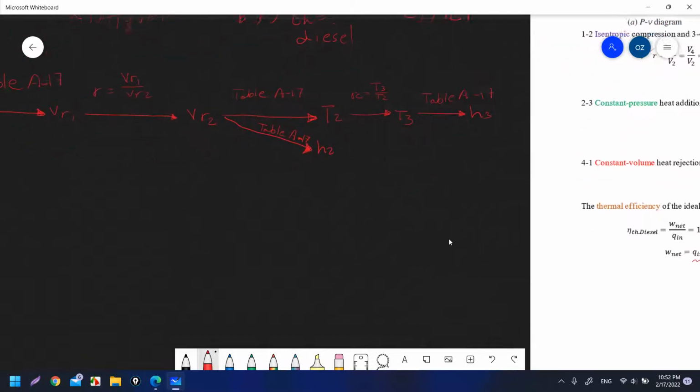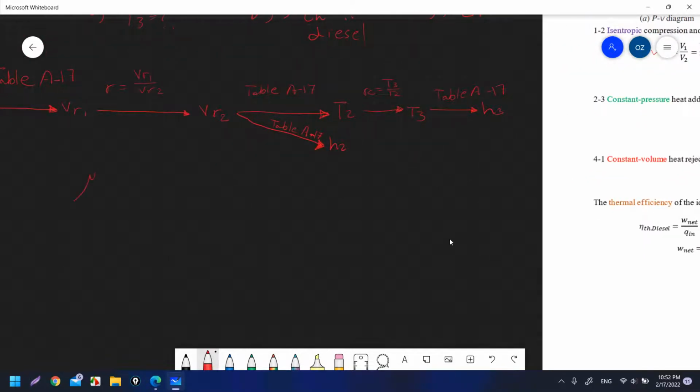Let's write the thermal efficiency for the diesel cycle that we want to find for part B. It is equal to W net over Qin, and Qin is equal to H3 minus H2. Also, this is equal to 1 minus Q out over Qin.